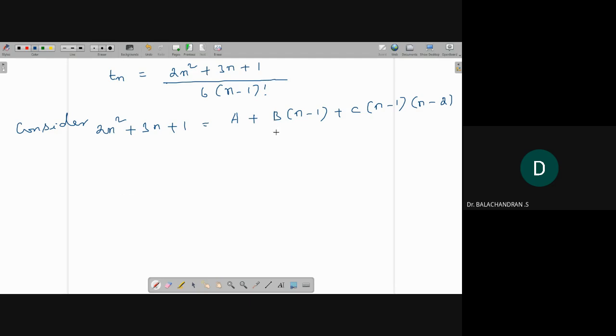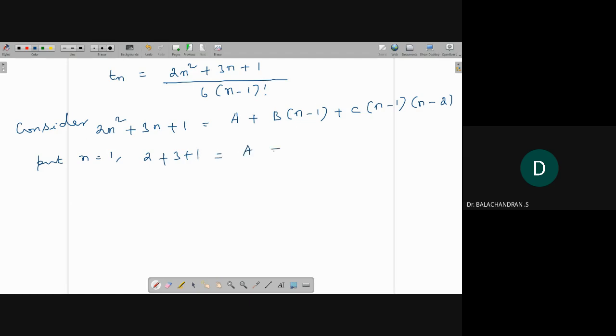Now you can compare the coefficient of n square and the coefficient of n, but the other way is to put n equal to 1. If I substitute n equal to 1, this is 2 plus 3 plus 1, this is 0, this is 0, so you get a.